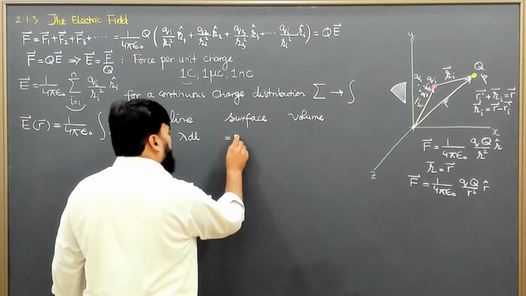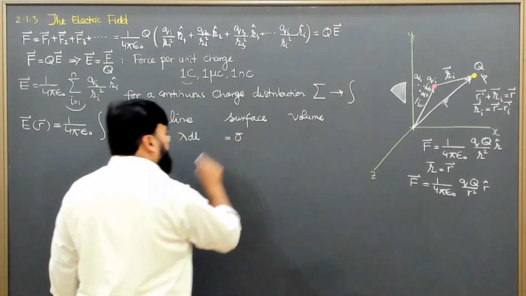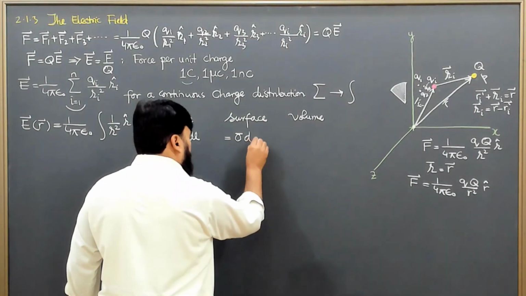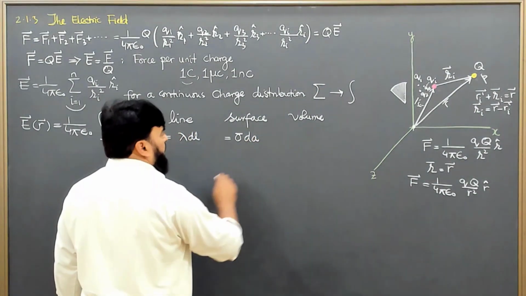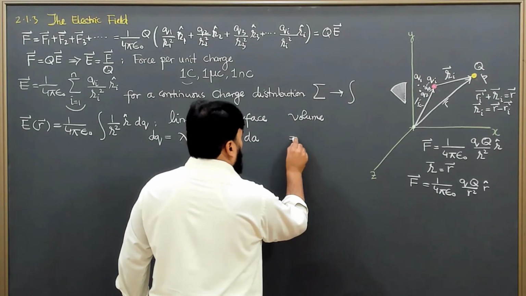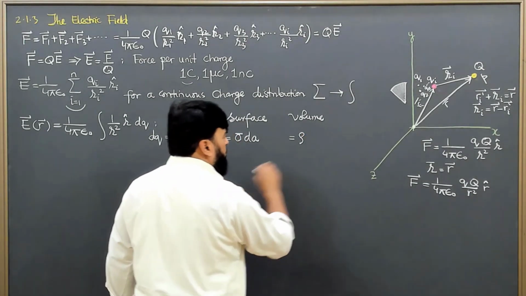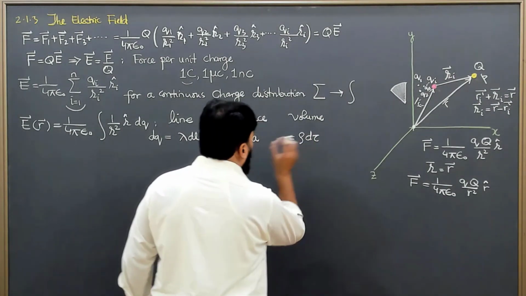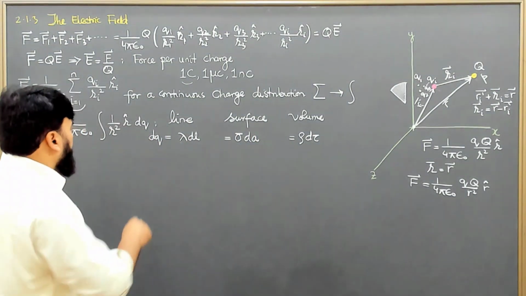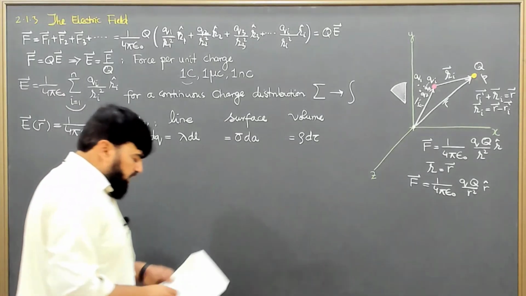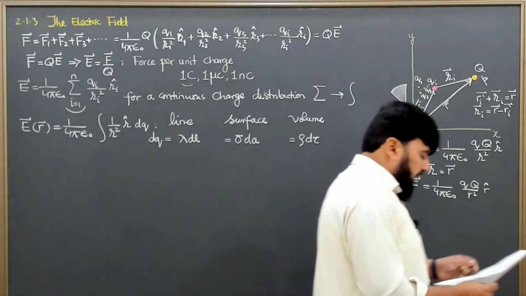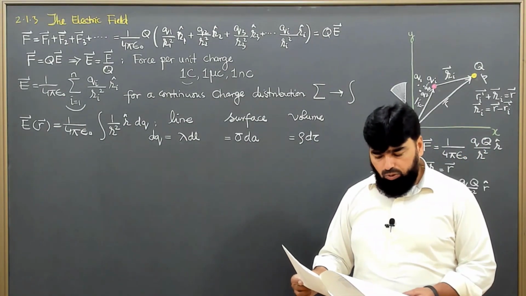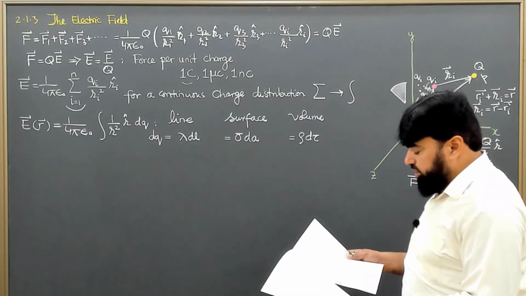If we have a surface and sigma represents the charge per unit area, then sigma times dA will give us dq. And for a volume, if rho represents the charge per unit volume, then rho d tau, where d tau is the fractional volume, will give us the value of dq. We put it there, and on the basis of this we calculate the electric field.